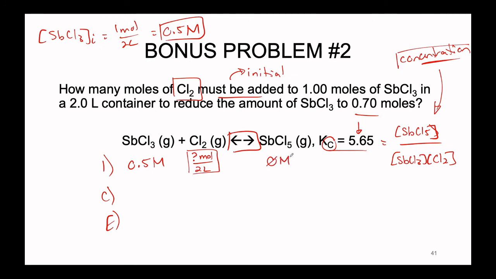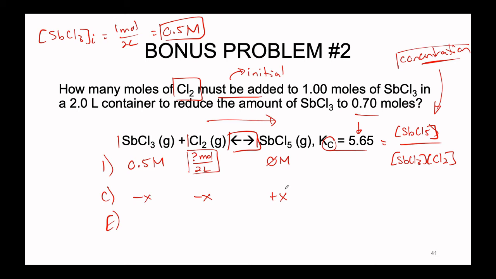No antimony pentachloride. All right, so what this does for us is that it tells us that our reaction, again, is going to be shifting from reactants to products. We're going to be creating some amount of product in this reversible reaction. And because the stoichiometric coefficients in front of everything are 1 here, we're going to be losing x's on the reactant side and gaining an x on the product side.